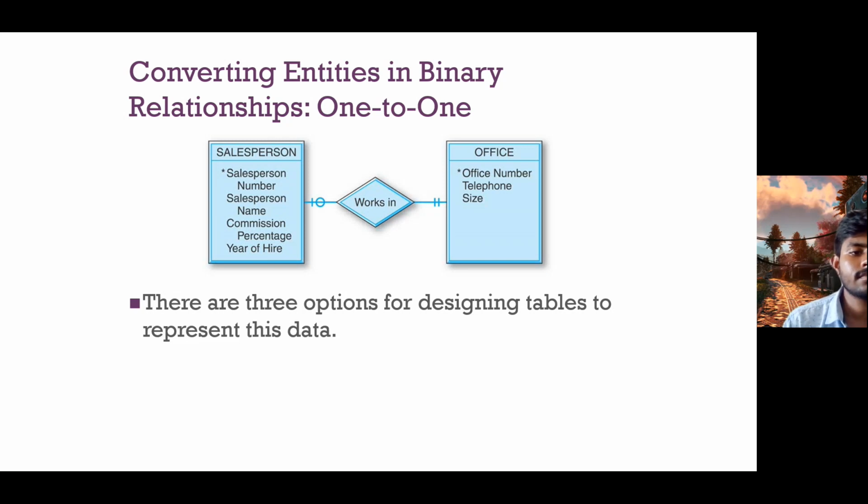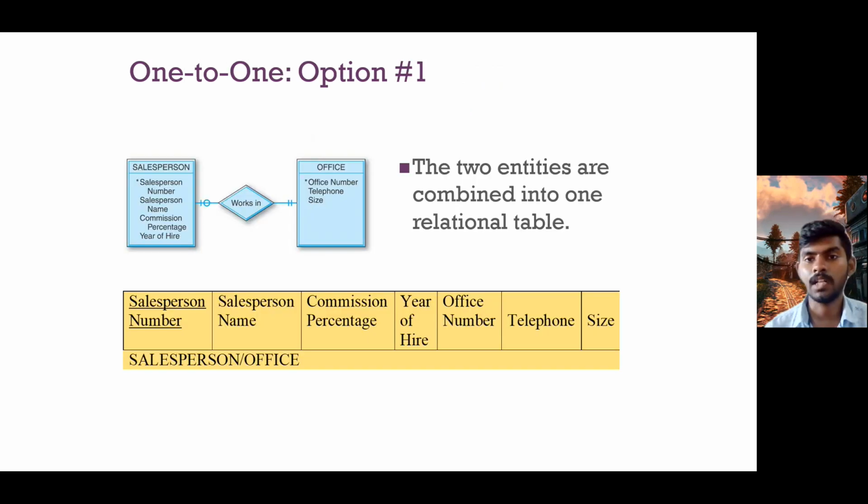The salesperson has many attributes, as you can see: number, name, commission, year of hire, and the office has office number, telephone, and size. In one table, we have salesperson number, name, commission, year of hire, office number, office telephone, and office size.